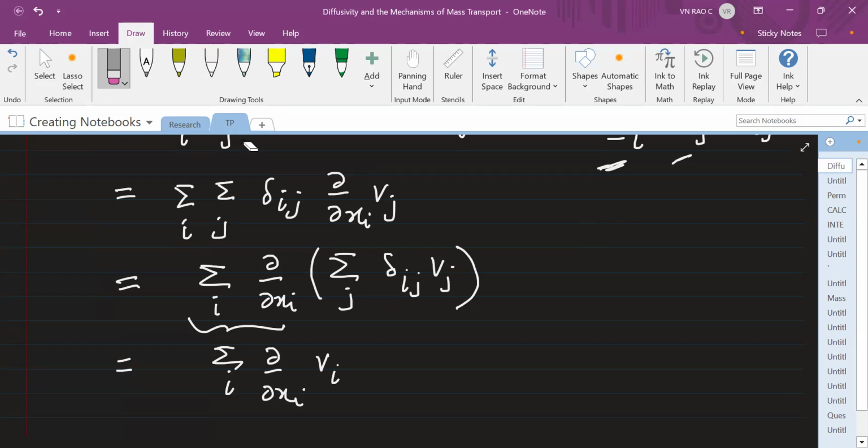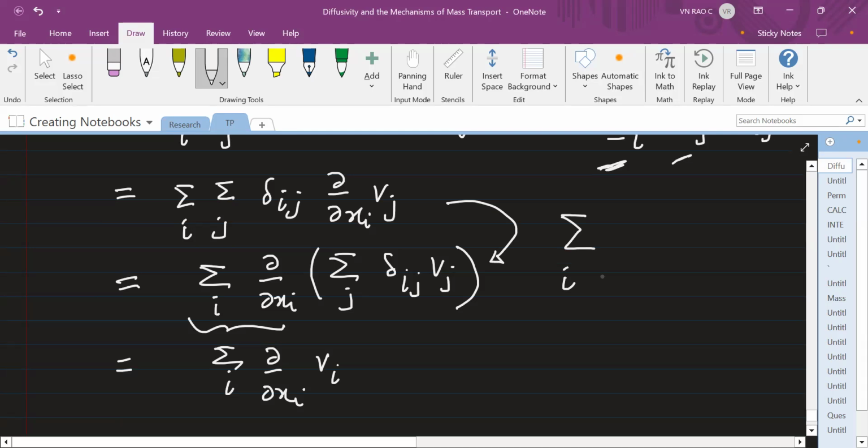Instead of writing it like this, we can write sigma i dou by dou xi.